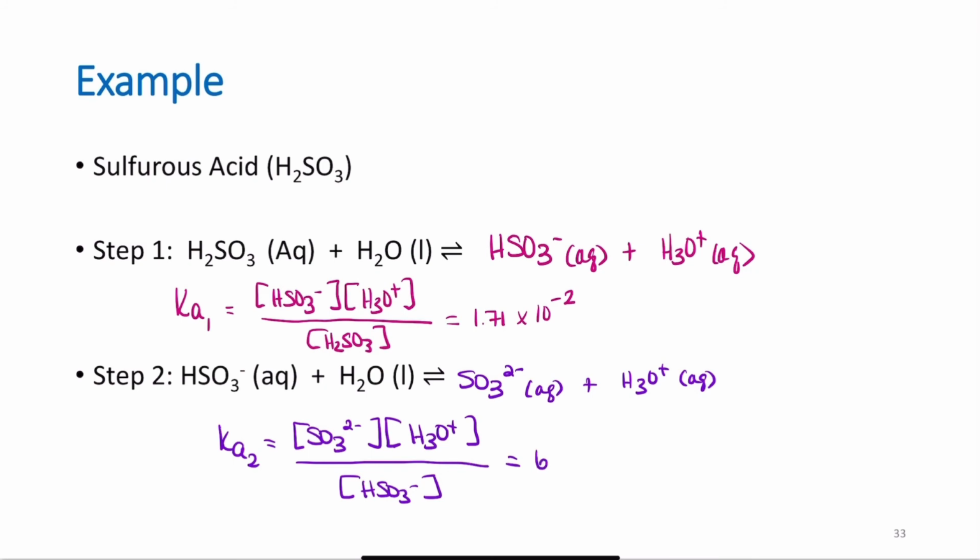Ka2 is 6.0 times 10 to the minus 8th. It's a lot harder to lose that second proton. That Ka value is much smaller. Remember, the larger the Ka, the easier it is to lose that proton, the stronger that acid. This one's a lot weaker.